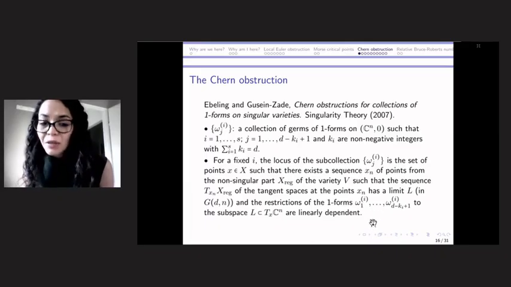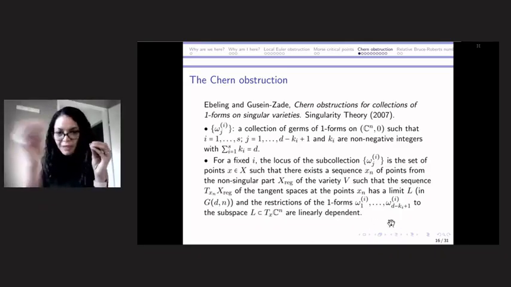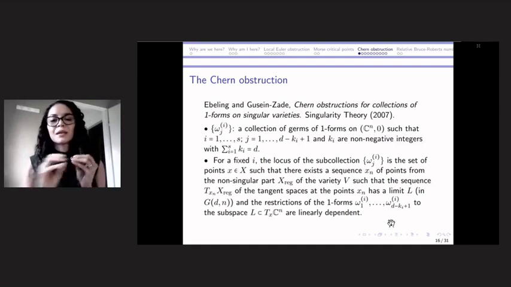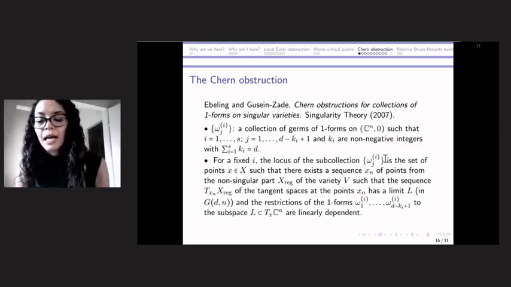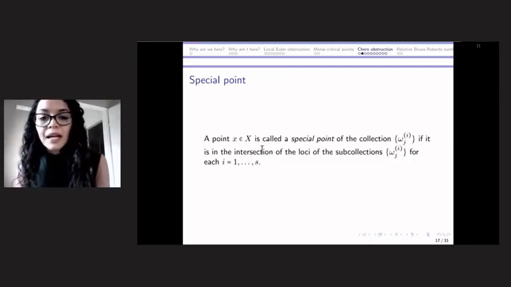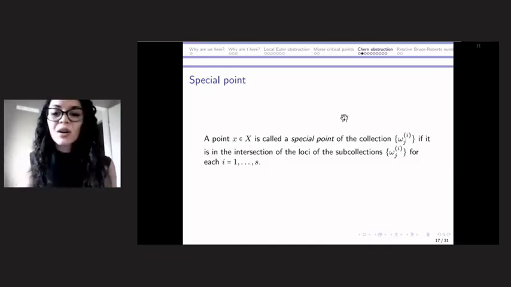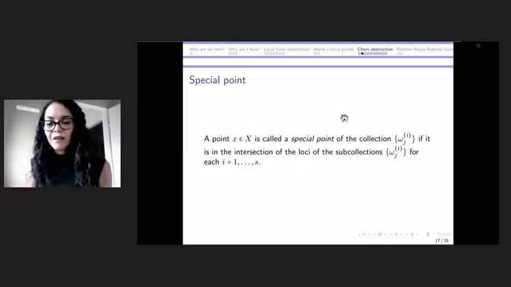And when this situation happens, we say that our point, the singular point, limit of a sequence of regular points, would be in the locus of a collection. A point in X would be a special point if it is in the loci of every collection that we have.